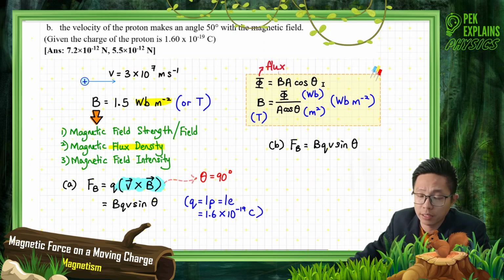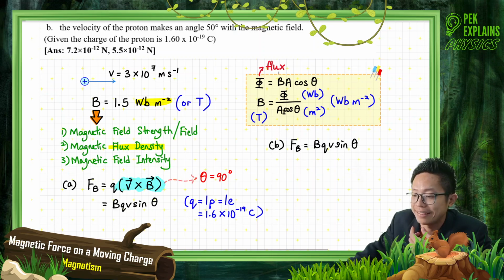We will learn about this formula in electromagnetic induction. Move A cos theta below the flux, and you get the magnetic field strength, which is flux over area cos theta. The unit for flux is Weber, area is meter square. That's why the unit becomes Weber per meter square, which is also the unit for magnetic field strength, Tesla.